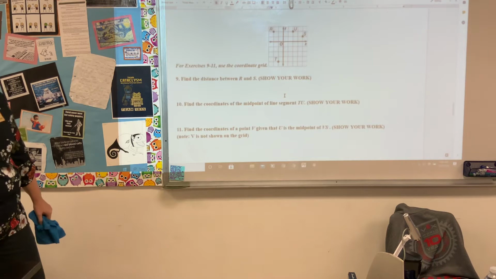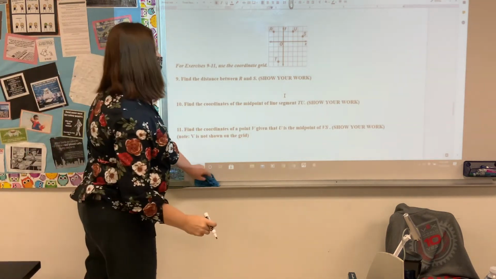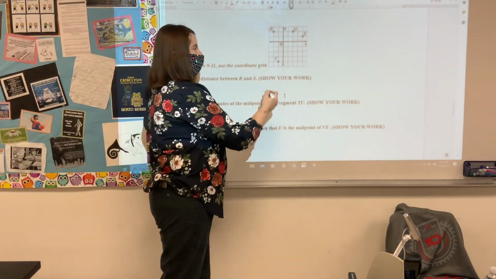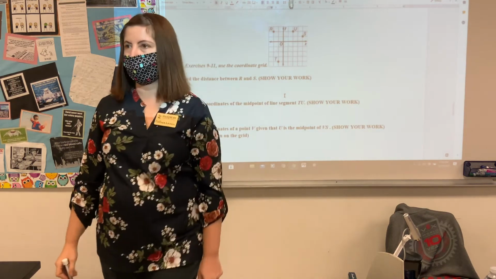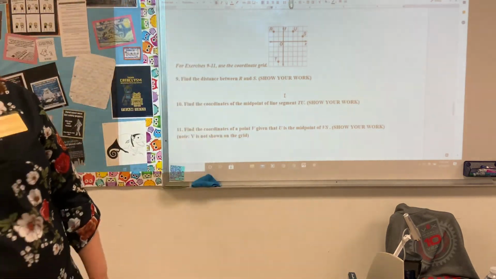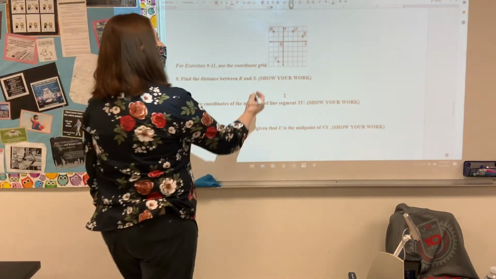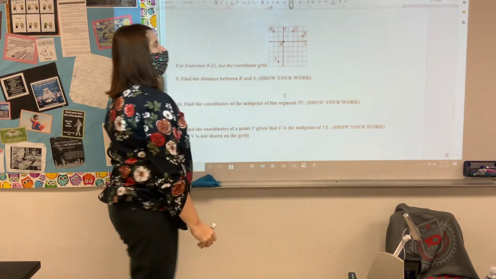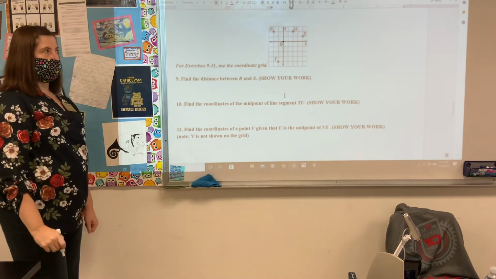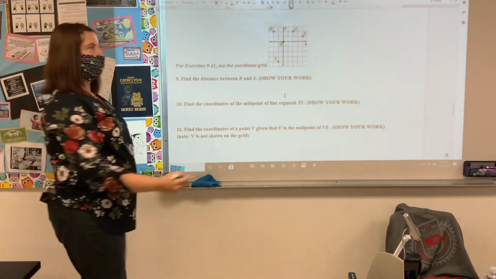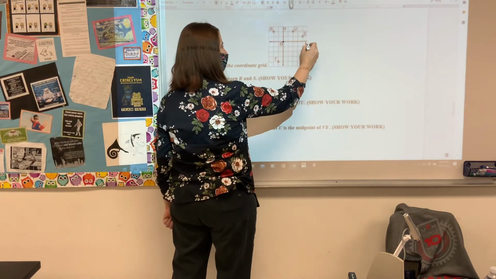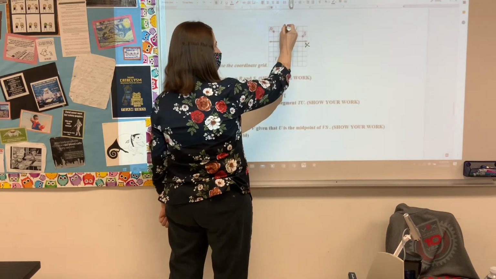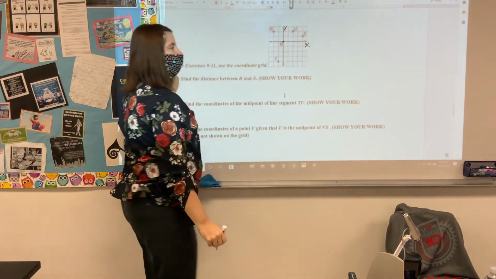Now, I think part of what bothered some people on these was you weren't sure how to read a graph. Okay? This is the origin. And we have those points around us. We have an x-axis and a y-axis.